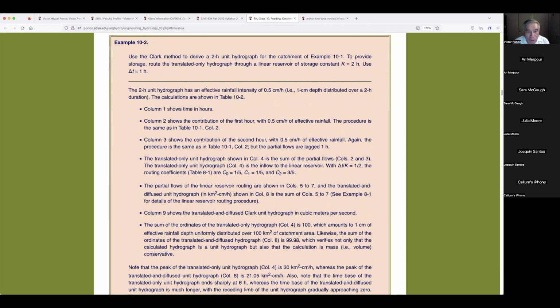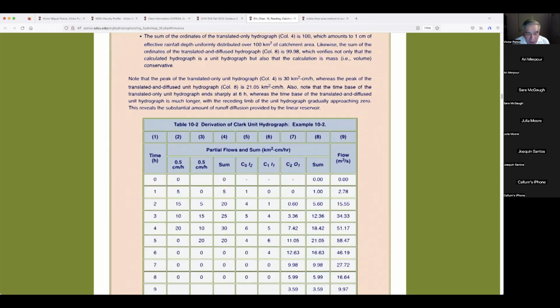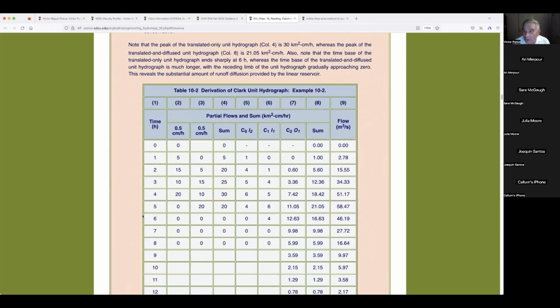So why a 2-hour in here? Because we want to do this. This is a unit hydrograph, so it's 1 centimeter, because we're using SI units. It could be 1 inch or 1 centimeter, but in this case, we've chosen to do it in metric, so it's 1 centimeter.